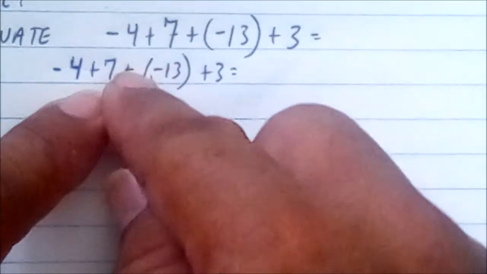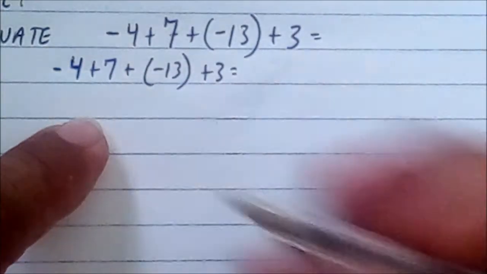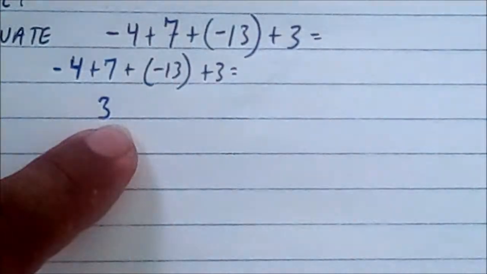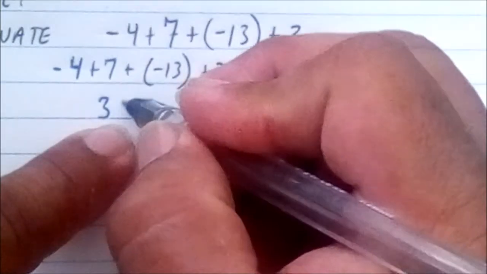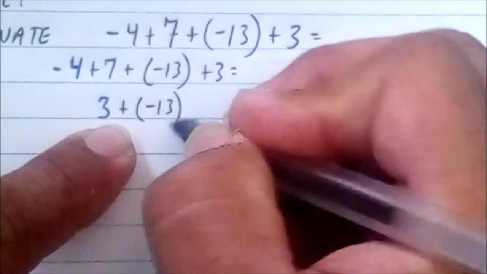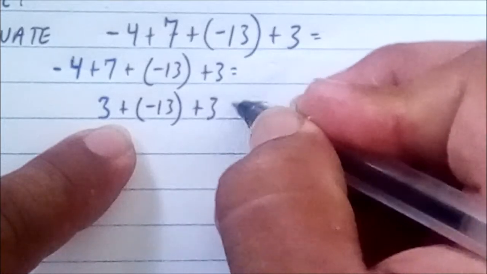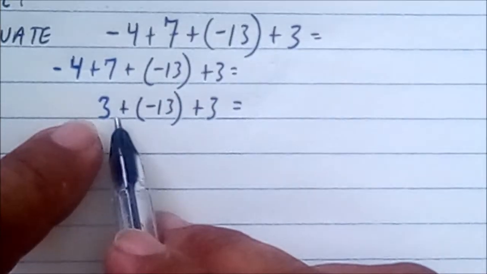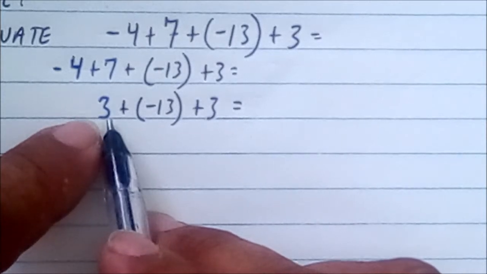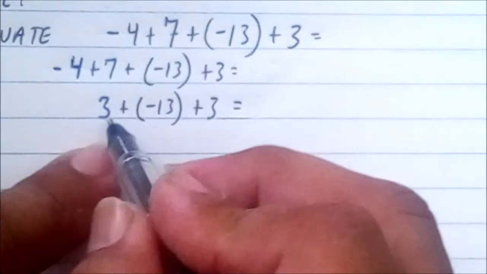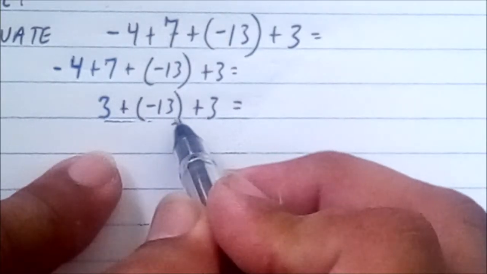So we come to the next step, and that is now 3 here, and we're going to be adding it to the negative 13 plus 3. Now note carefully that we will be working now with positive 3 plus negative 13. This is the piece we will be working with right now.